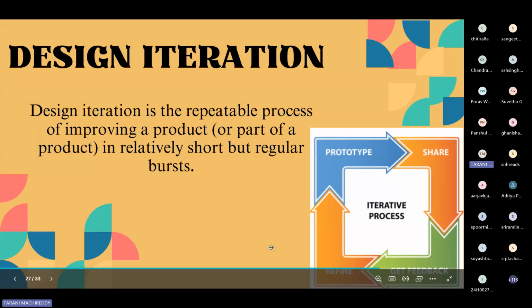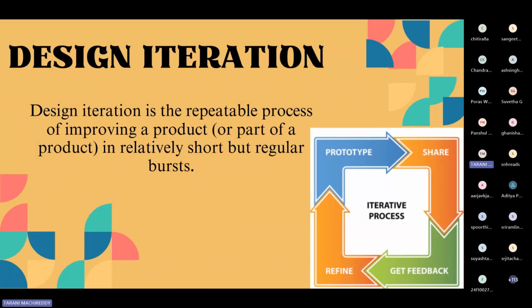But if our design needs refinements, or if users mention negatives, or say our design lacks something or needs to be more precise, we refine the product again, create a prototype again, and share it with the users again. This is a complete cyclic process.